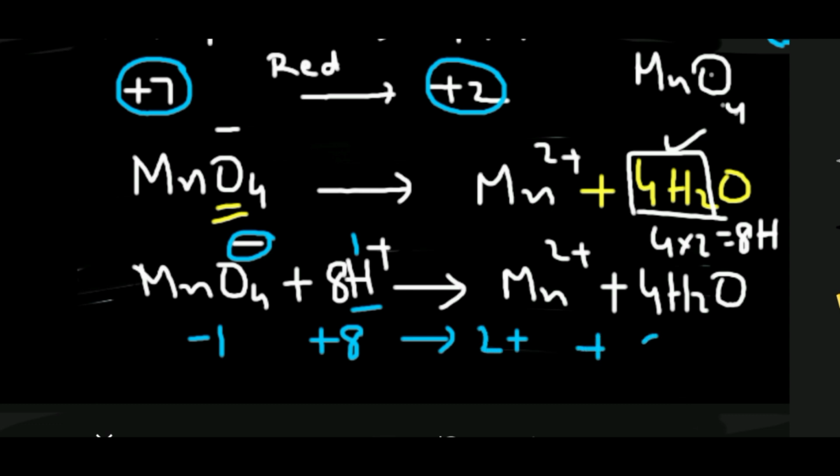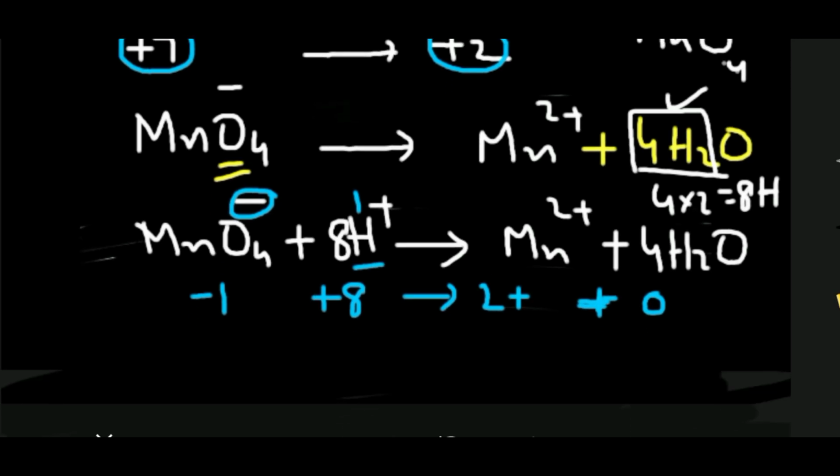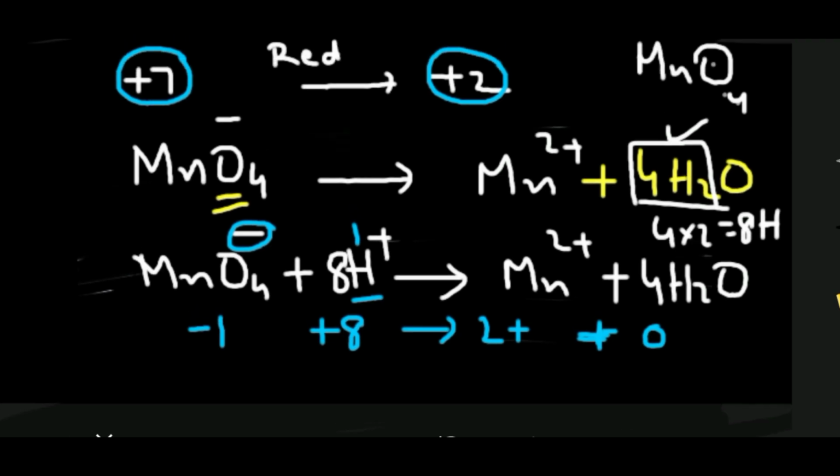The 4 H2O has 0 charge. Now, minus 1 plus 8 is equal to plus 7, and on the product side we have plus 2 charge remaining.